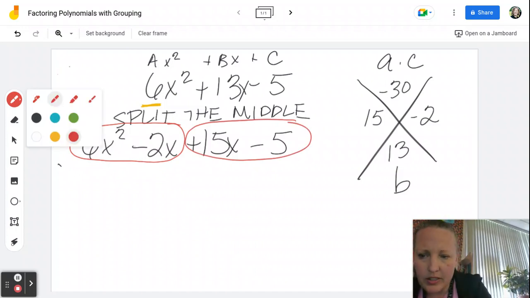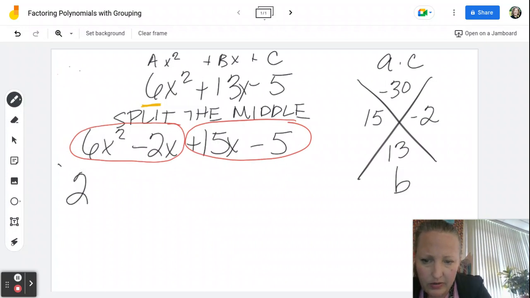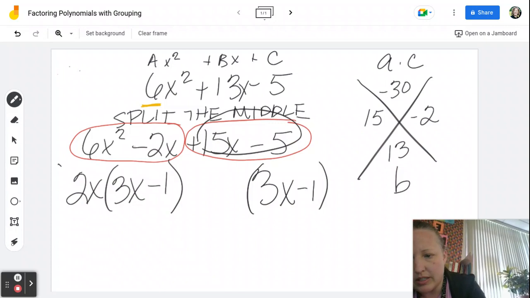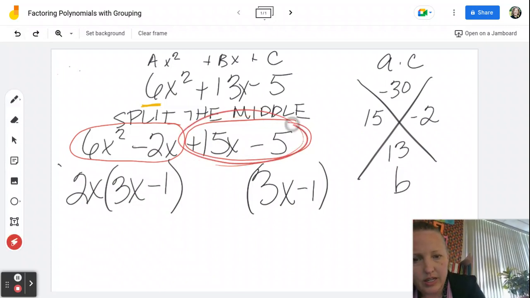And what I'm trying to accomplish here is when I factor out the greatest common factor, so I have 2 and an x, I'm left with 3x minus 1. I want to be able to repeat that same factor here, and I want to factor something out of this that's going to leave this behind. Okay, so the 3x minus 1.